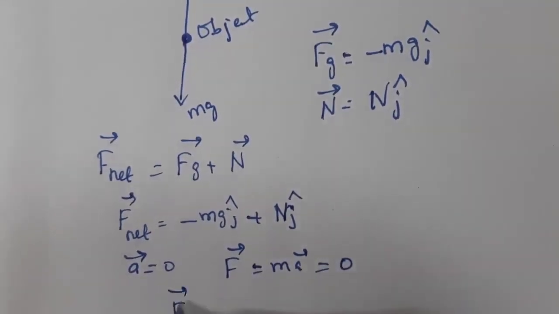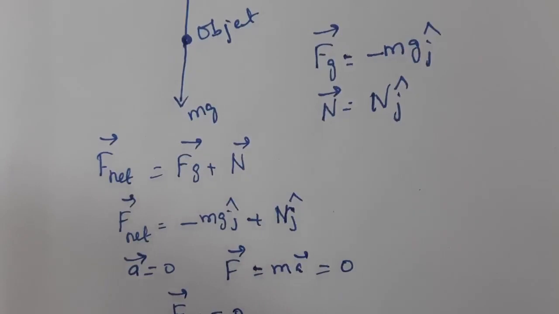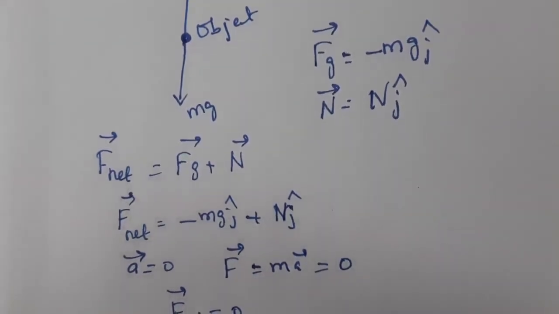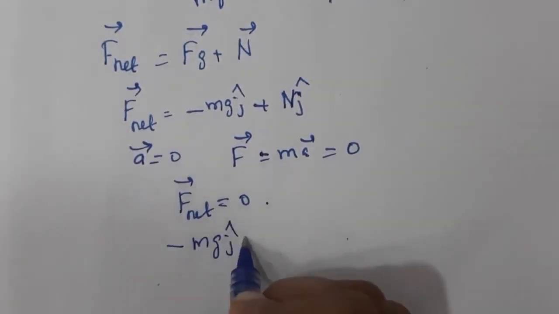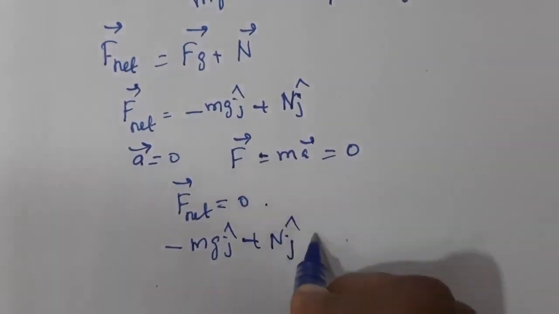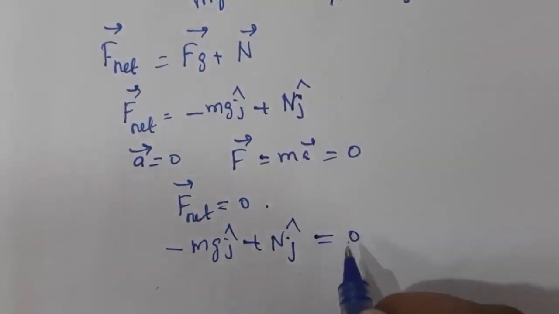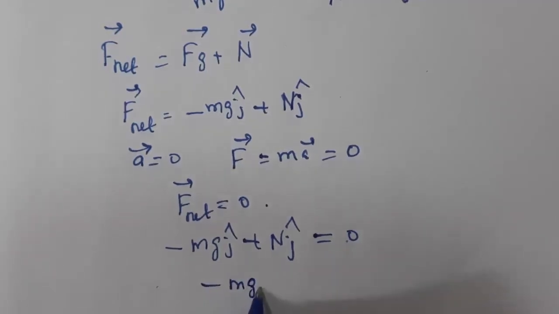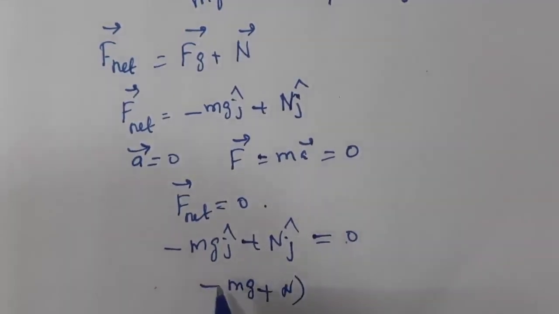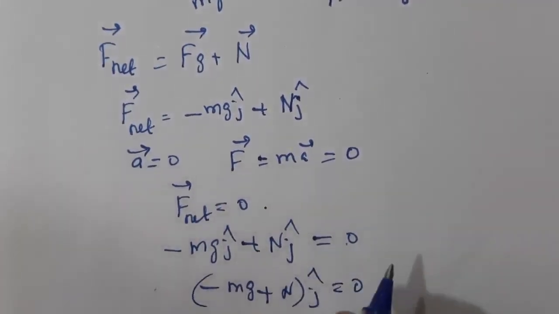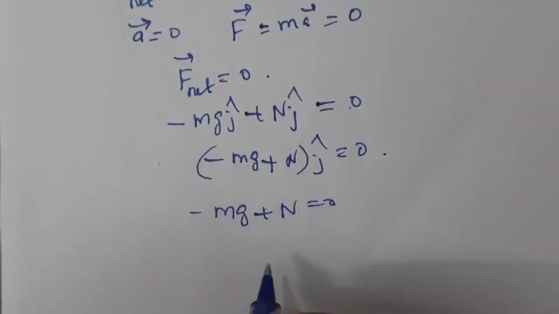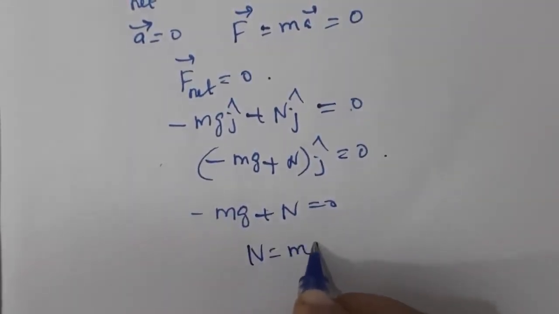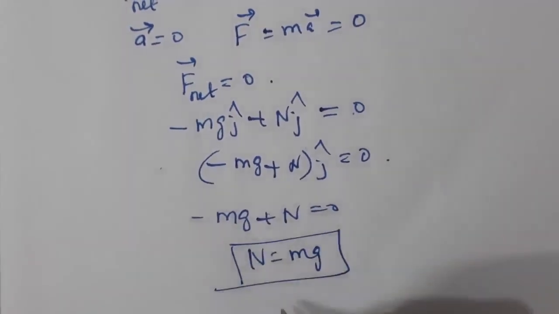So we can write F net vector is equal to 0, or minus mg j cap plus N j cap is equal to 0, or minus mg plus N, into j cap, is equal to 0. By comparing the components only, we can write minus mg plus N is equal to 0, or else N is equal to mg.